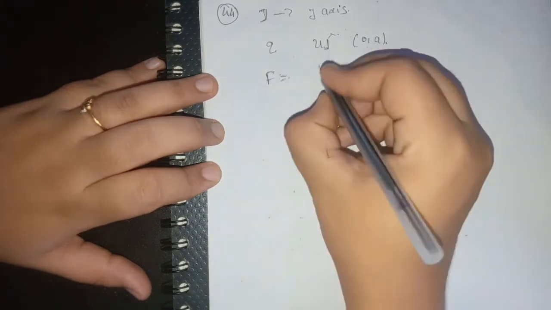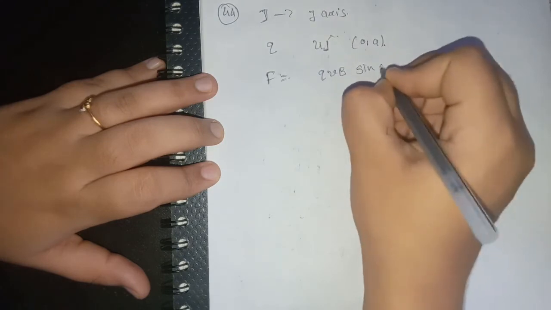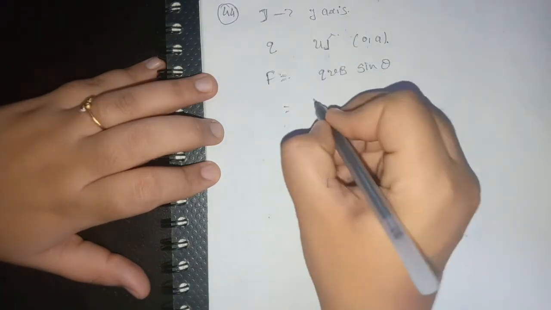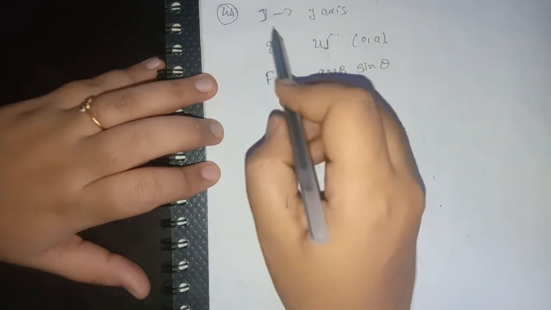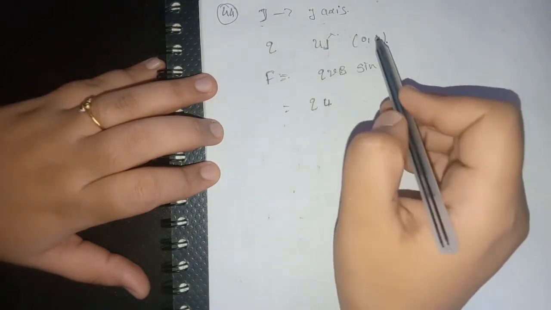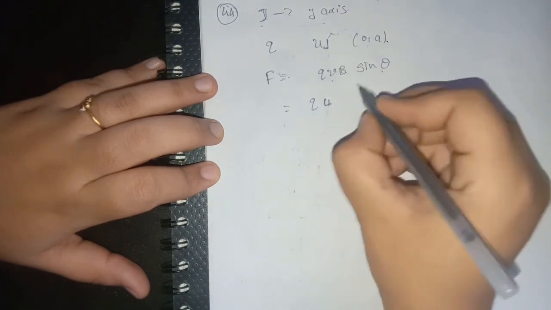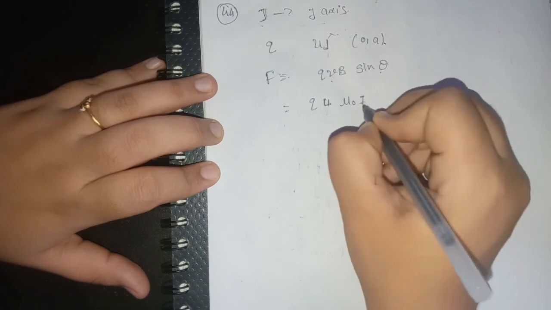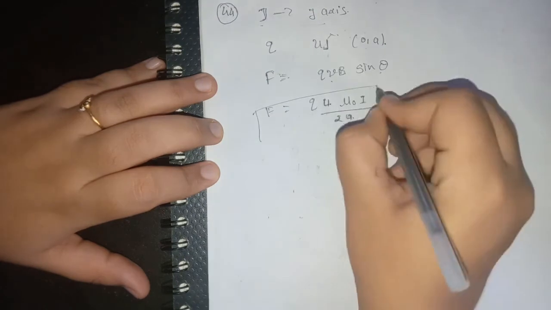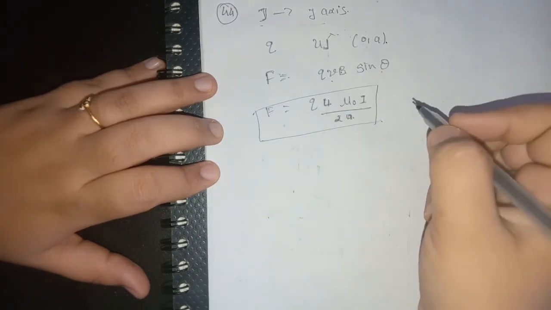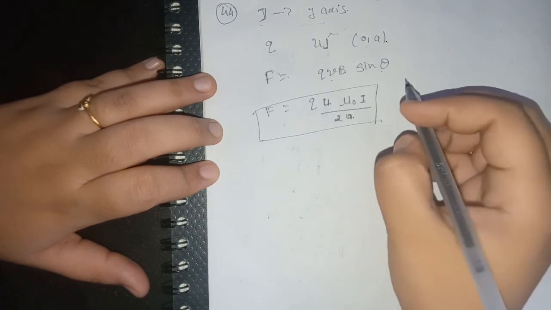Force experienced is given by QVB sine theta. Here V is u. The magnetic field will be due to this conductor and it will be perpendicular to the velocity. So theta will be 90 degrees and the magnetic field is given by mu naught I upon 2A. Now no observer is accelerating, so this force will be common to both the observers. So option 4 is the correct option.